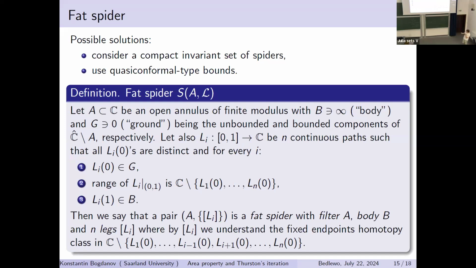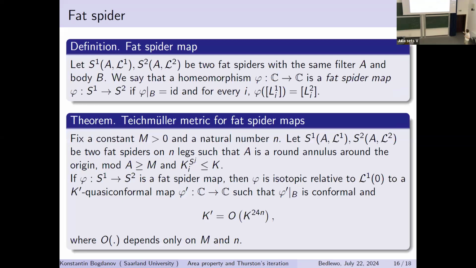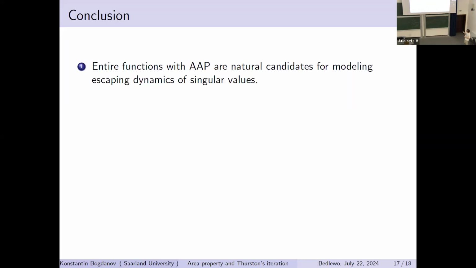Instead of the wiggling type information for legs, we remember the dilatation which is needed to move just one foot towards the body without touching the other feet. Unfortunately, I don't have much time to speak about the spiders, so let me skip it. And this could be used to estimate the information near the origin.